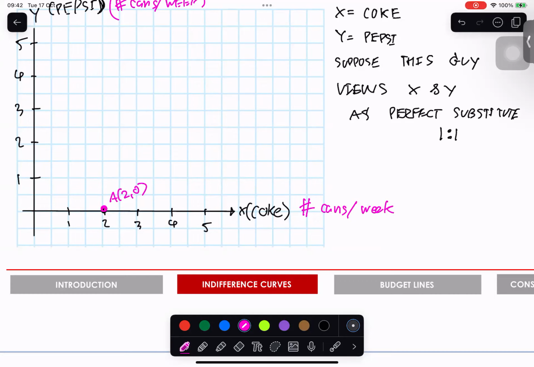Now let's do this thought experiment. From A, if you steal one Coke from him and compensate with Pepsi, he travels to this point, and he says, thank you, I'm okay. Even though you take away one Coke, you compensate with one Pepsi, he is perfectly okay now. So we got this point B, 1-1.